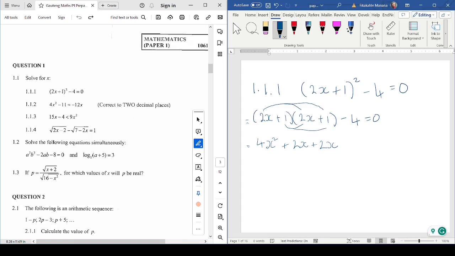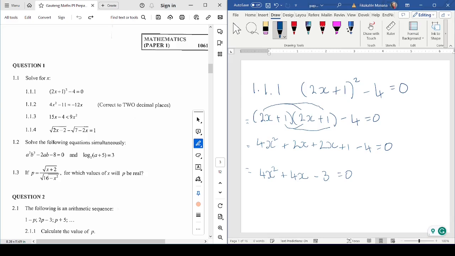And the last one, it's 1 times 1, which gives me 1. Now, I've dealt with the bracket. Don't forget the minus 4 right over there. That's equals to 0. Right, now let's put things together. I've got 4x squared, 2x plus 2x, that's plus 4x. 1 minus 4, that's minus 3.